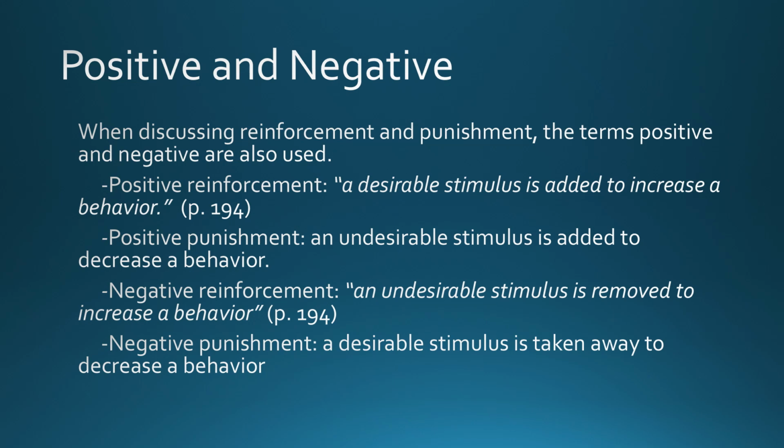Negative reinforcement: an undesirable stimulus is removed to increase a behavior. In negative punishment, a desirable stimulus is taken away to decrease a behavior. So it's all about taking things away or adding things to change a behavior.